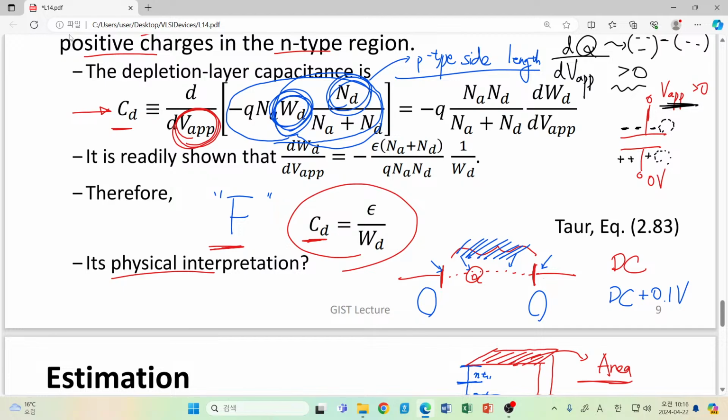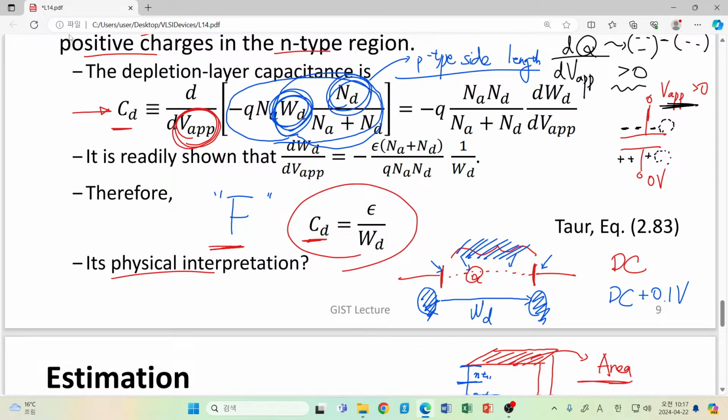Then the only capability to move or get more or less charge remains only at this point, and the distance between these two active points is given as the depletion width.